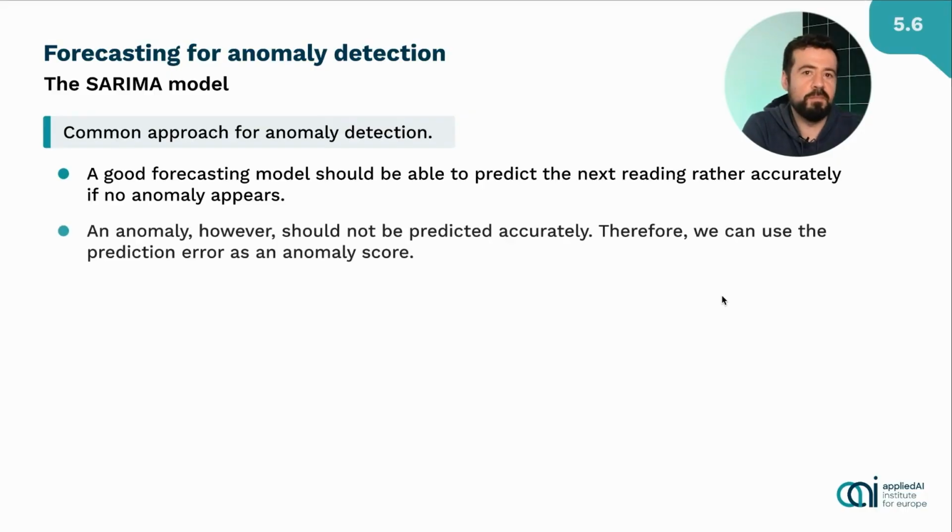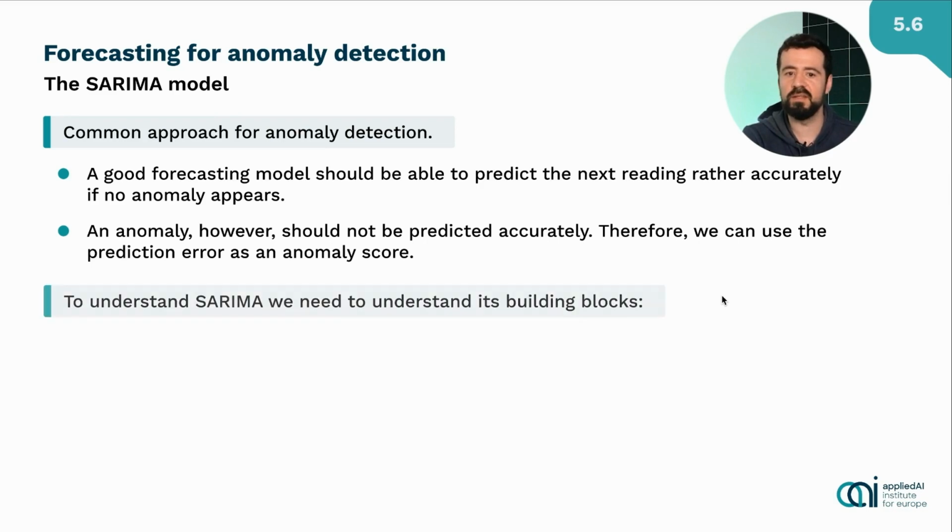So now, if we observe a high forecasting error, it's pretty likely that the observation is really an anomaly. So if we want to talk about anomaly detection via forecasting, we of course need a forecasting model. And we are going to talk about a classical, nevertheless very powerful model, the so-called SARIMA model.